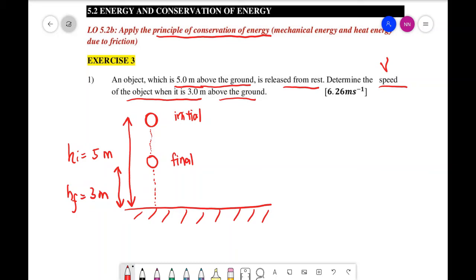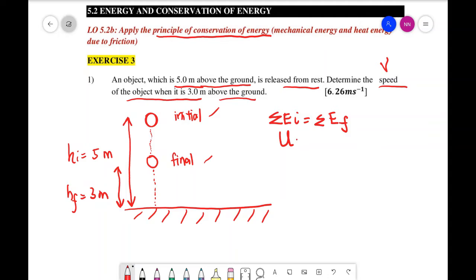The principle of conservation of energy states that total energy is constant. That means total energy initial equals total energy final. You have to identify what kind of energy is at the initial position and at the final position. Initially, this object is at a particular height, 5 meter, so it has potential energy.